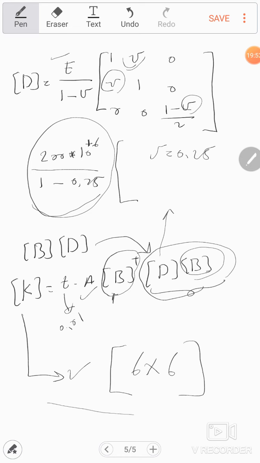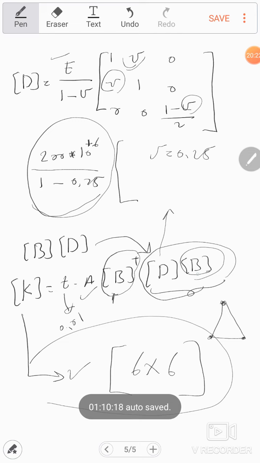It will be a big matrix for K, and it depends on how many nodes you have. In this example we have a 2D element, but it actually depends on the node. We have a triangle and it has 3 nodes.